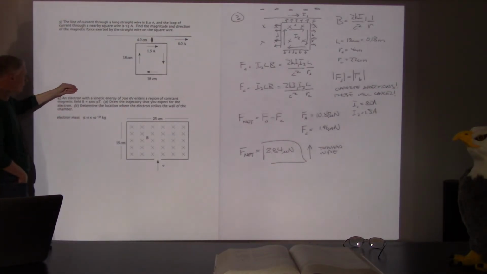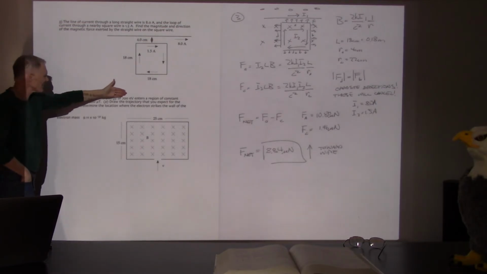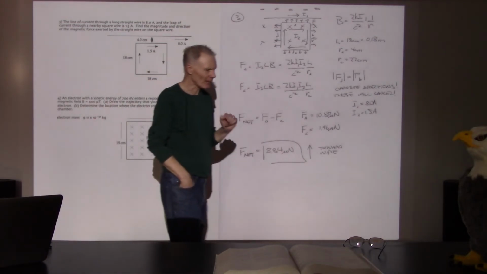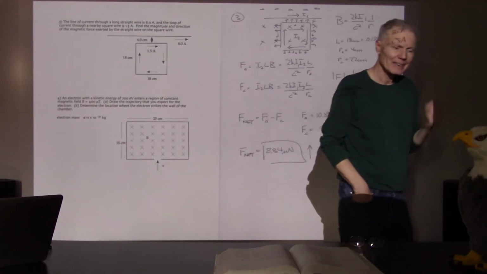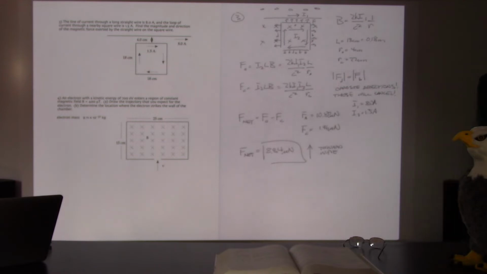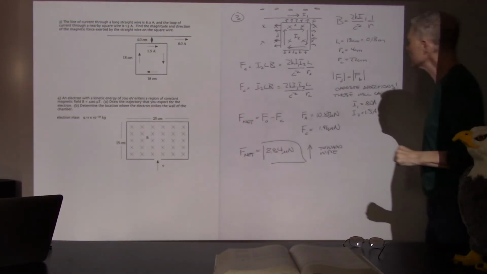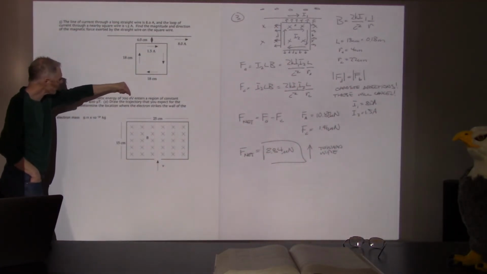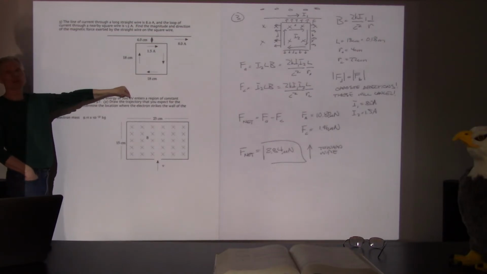We got an electron. It's got a kinetic energy of 700 eV. Now, when we generate beams of electrons or protons or whatever, it's very handy to put their kinetic energies in terms of eV. And that's because, what's the charge on an electron? Well, the charge on the electron is e, and the charge on a proton is e.